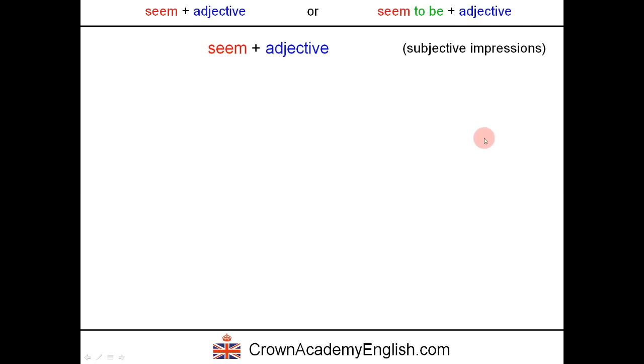This is usually for subjective impressions about something. Subjective is the opposite of objective. So a subjective impression is something that is not definite, something that is not fixed. Okay, it's debatable.